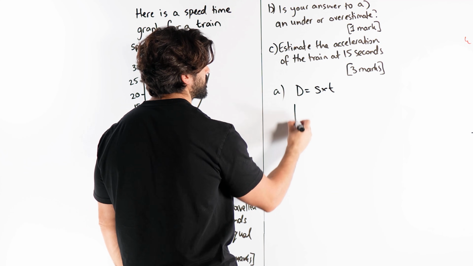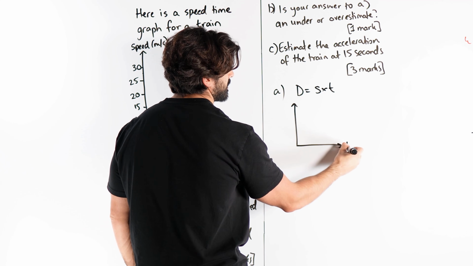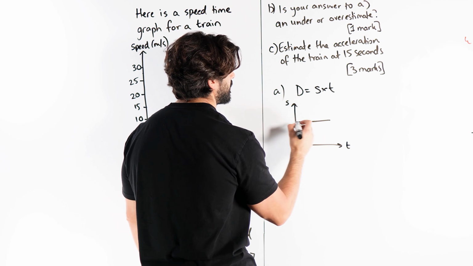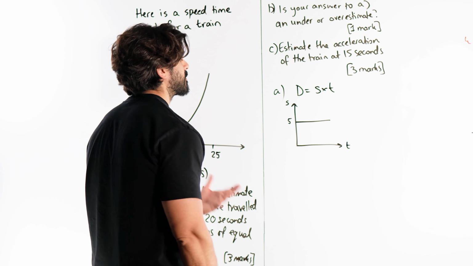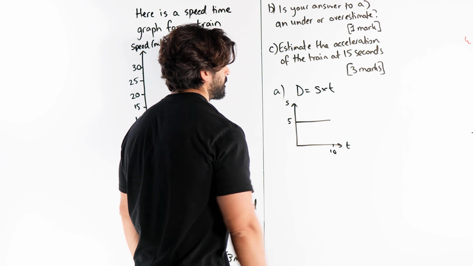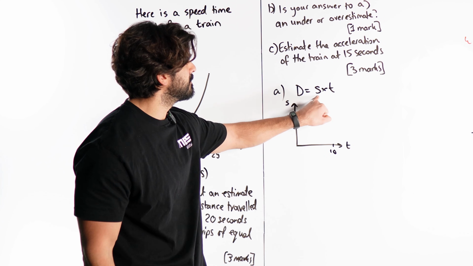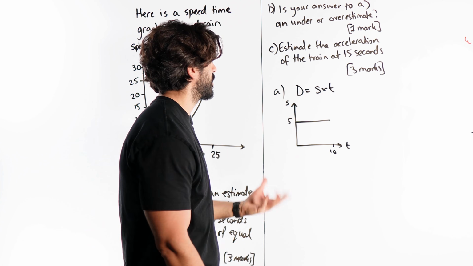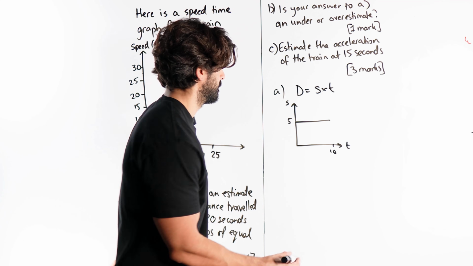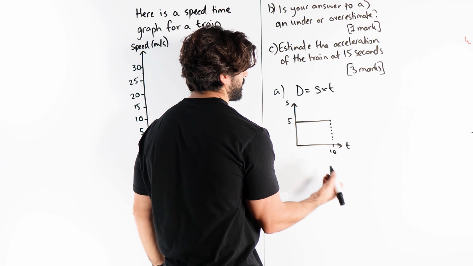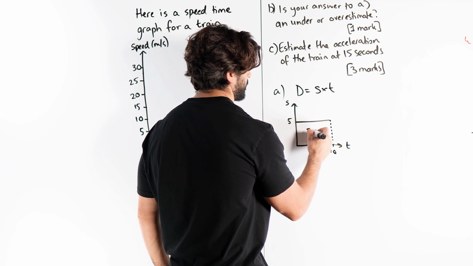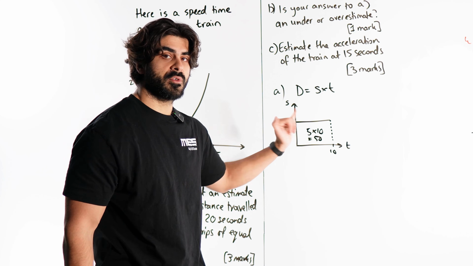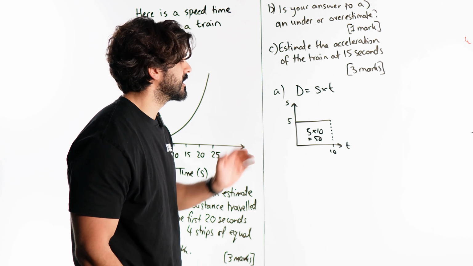If I give you a different example of a train, where this is your time and this is your speed, if the train was traveling at a constant speed of 5 meters per second for 10 seconds, you would multiply them together to say that it had traveled 50 meters. Now on a graph, all you're doing is finding the area of this rectangle, the base length times the height. So the area underneath the curve or line in a speed time graph gives you the distance traveled.